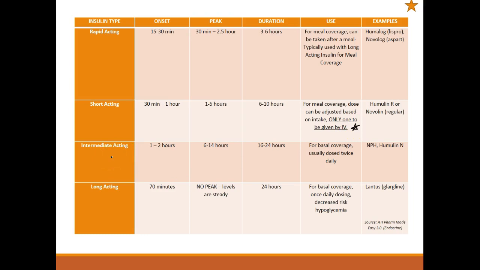Intermediate-acting can be used for basal coverage, but your long-acting ones like Lantus, and another one which I don't have here and you don't necessarily need to know, but for teaching purposes is Levemir. When I talk to students about learning the names, I think L for long-acting.